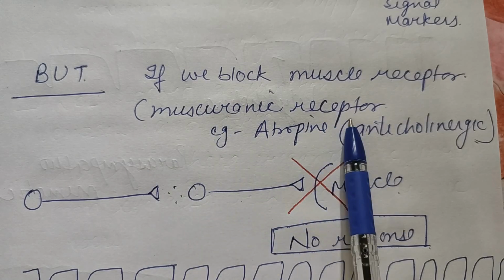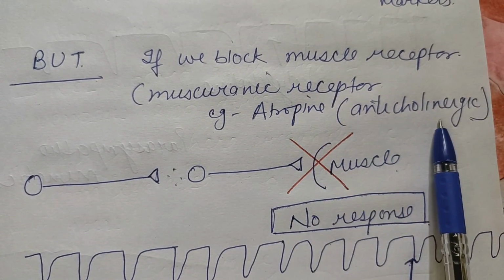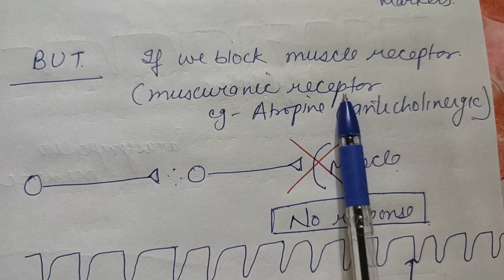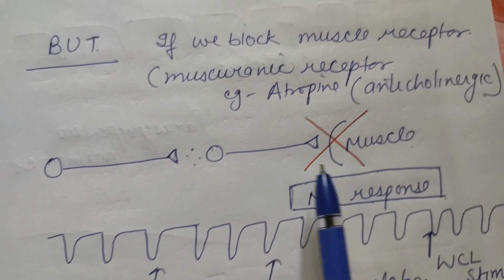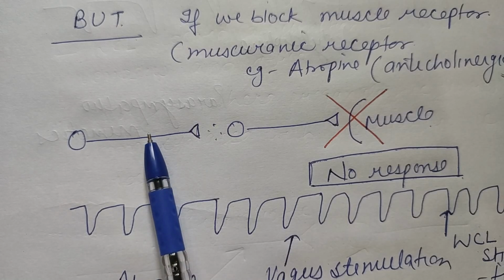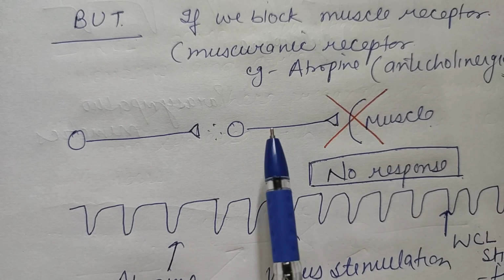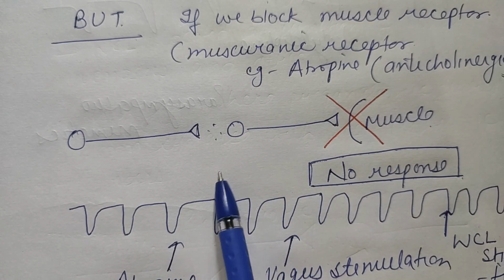This is a muscarinic receptor and atropine is an anticholinergic, right? So if we give atropine, that can block this muscarinic receptor. Okay, so if the receptor is blocked, if you stimulate preganglionic, what is the response? Means vagal stimulation. If you stimulate postganglionic, what is the response? Means WCL stimulation. So let us see.